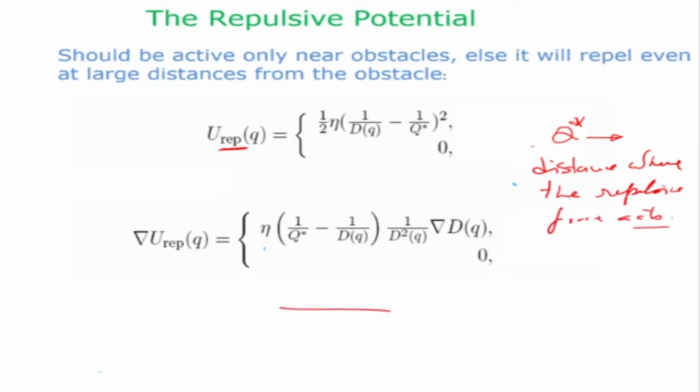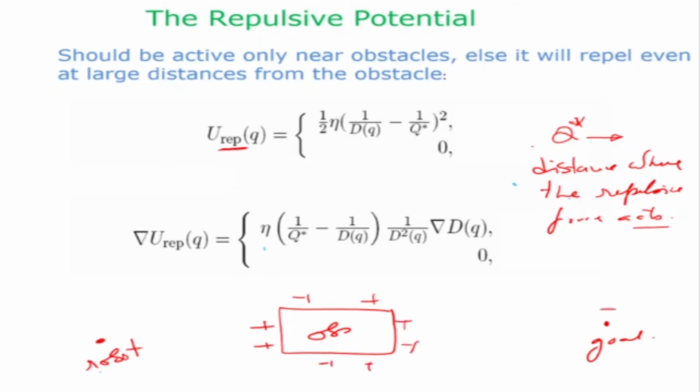Now why is q star put? Essentially because if you have an obstacle here, and you have the robot at this point, and you have the goal at this point. As we said, we have plus here, and we also have a minus here, and a plus here. So what would happen is at every point in the vector field, if the repulsive force is also acting on the robot, then the path is going to become longer.